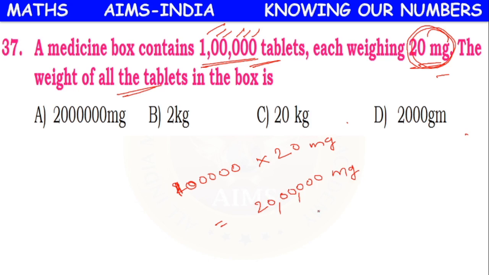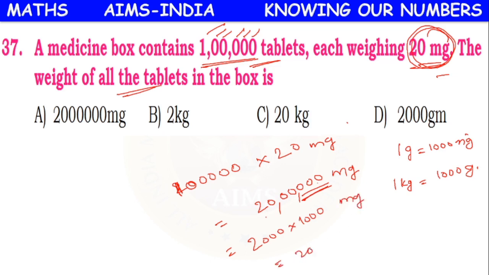20 lakhs mg. We know that 1 gram equals 1000 milligrams, or 1 kilogram equals 1000 grams. So here 2 followed by 6 zeros. We can write 2000 into 1000 milligrams. 1000 milligrams turns into gram, so 2000 grams.